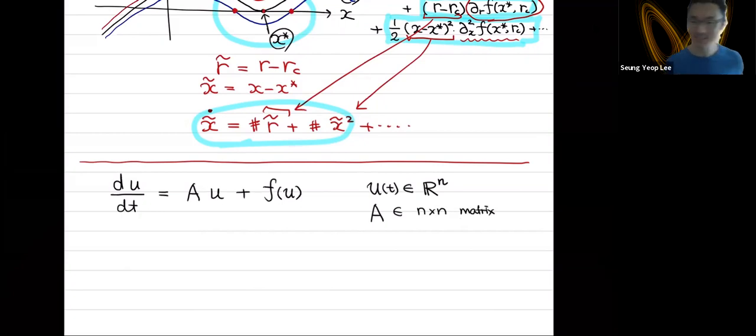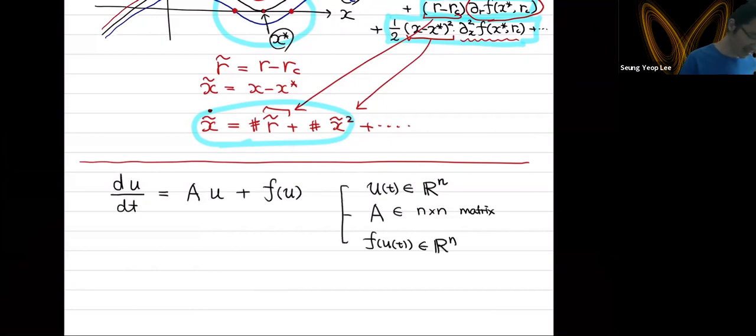So for the linearized term, I pick the linear term separately as A times U, and f of U is of course again an n-dimensional vector. Is it clear? So f of U will contain higher order than linear terms. f of U will start from quadratic terms.